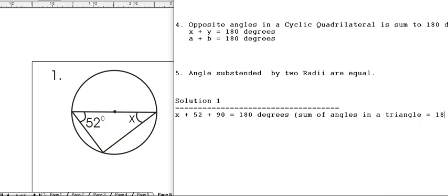So now, therefore, x plus 142 degrees is equal to 180 degrees. So our x will be equal to 180 minus 142. So our x will be what? That will be 38 degrees. Our x is 38 degrees.